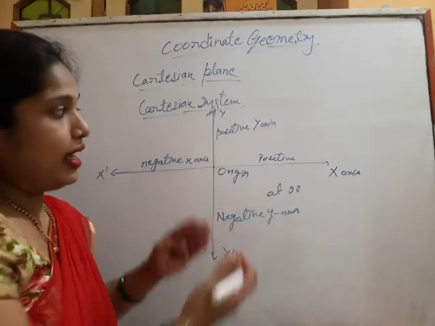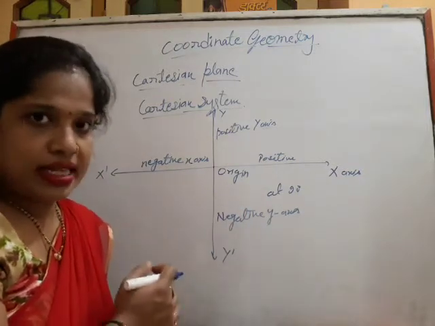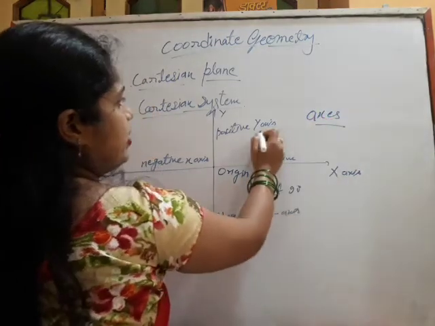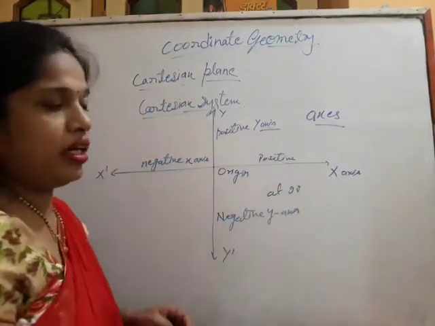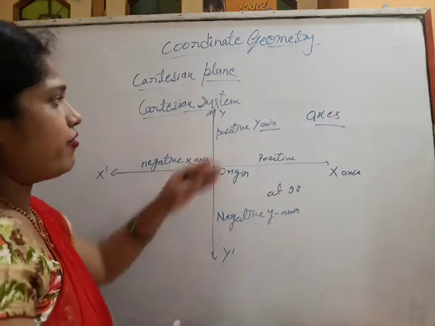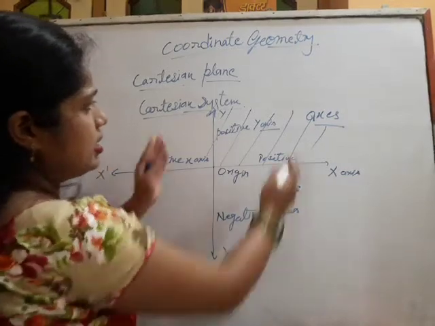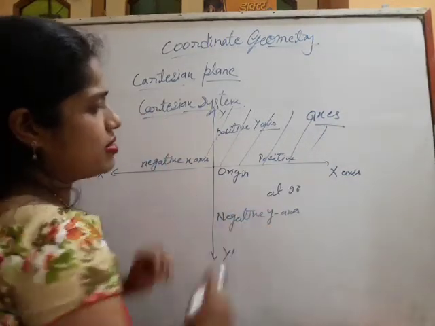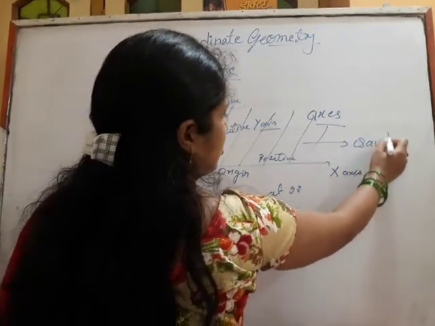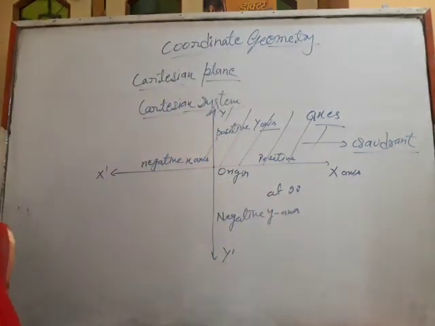Each part in a Cartesian plane which we have got with the help of these two axes, axes being the plural of axis. One line is the x-axis and one is the y-axis. With these two axes, we have got these four parts. This is one part, this is another, this is another, and this is the fourth. Each part is known as a quadrant.